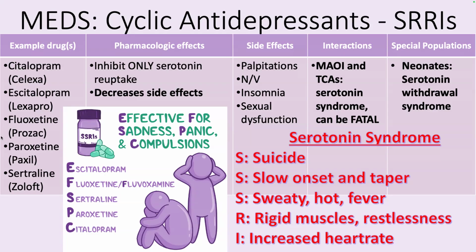We need to be aware in infants, serotonin withdrawal syndrome is a real thing, because remember, we want to taper the dose. Well, if mom's on an SSRI and baby is born, that dose is cut off. So baby's going to start to develop these symptoms.